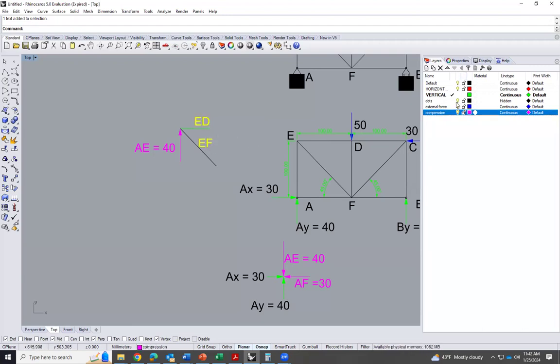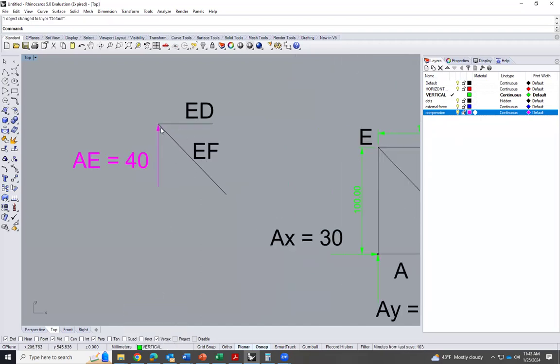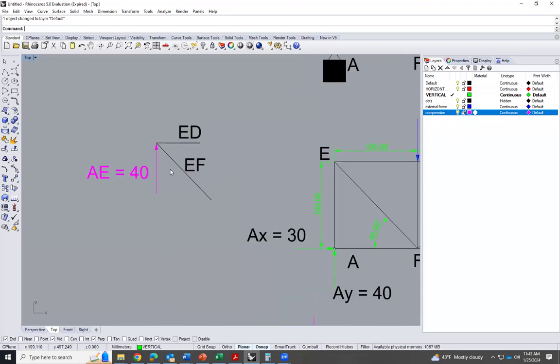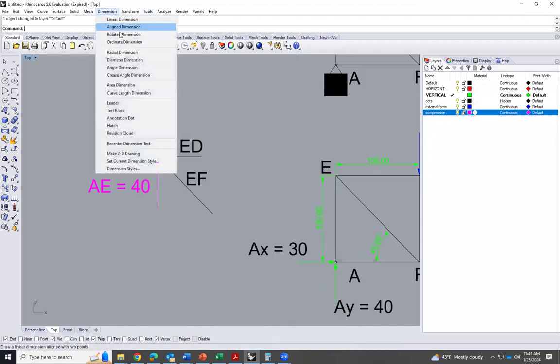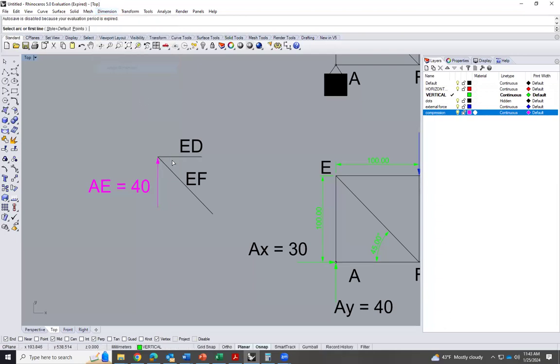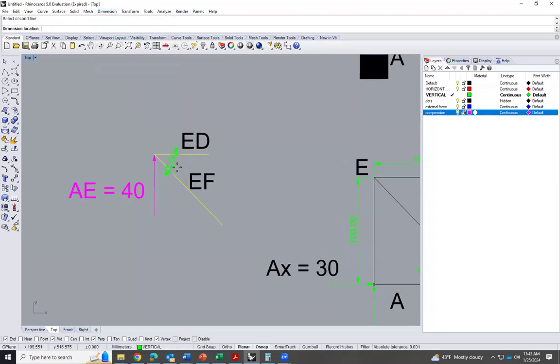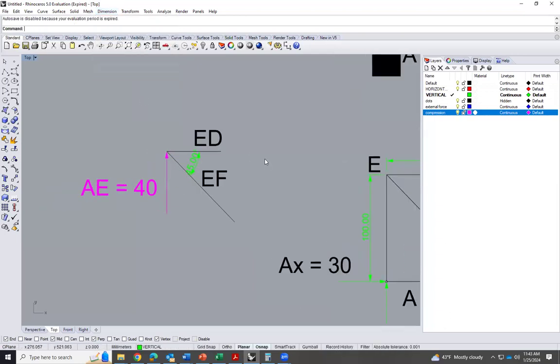We don't know if this is going to be tension, compression. So far, I'm going to use a black line because we don't know whether it's going to be tension, compression, or whatever. We know that the angle is 45 because it's the same angle as this one. So the angle is going to be 45.